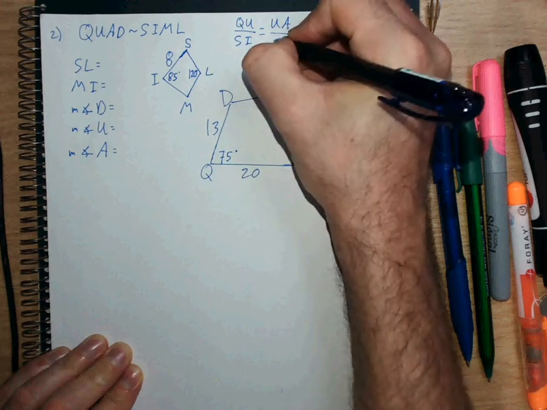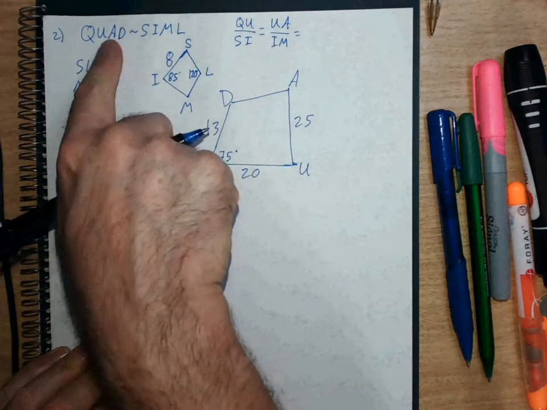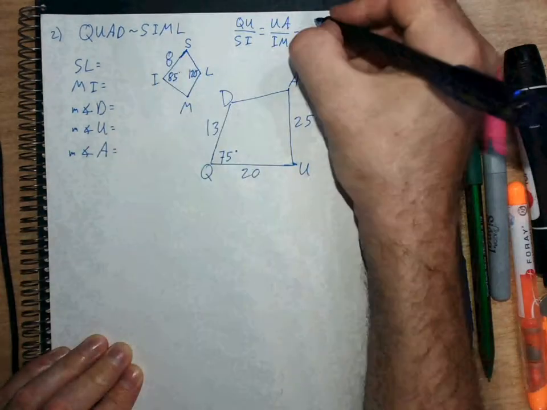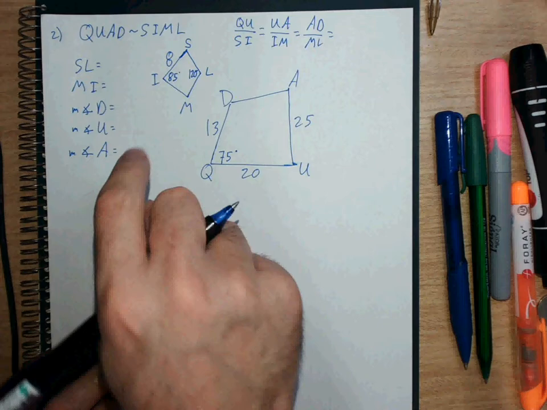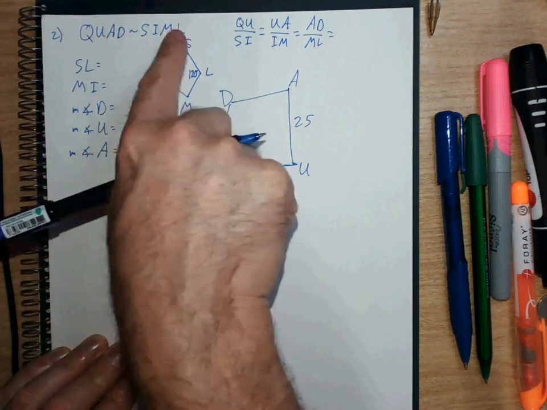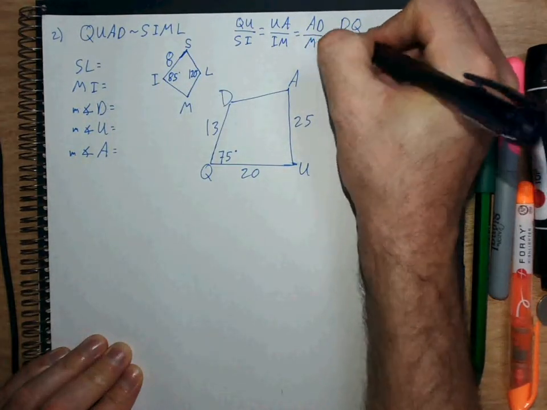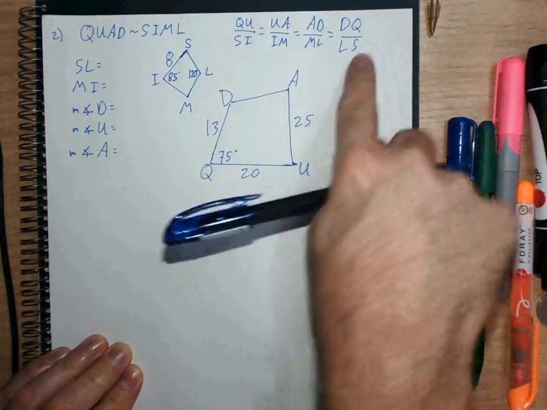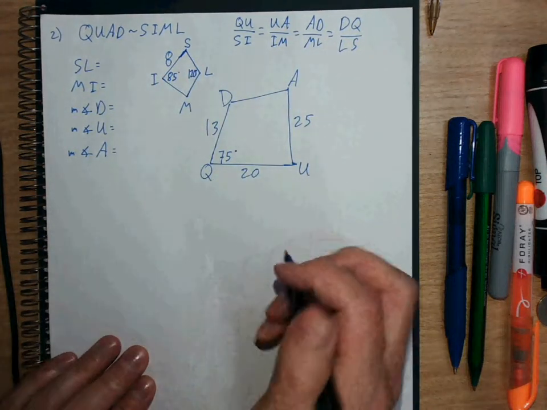And that ratio is going to equal AD over ML. And finally, the last ratio is DQ over LS. All of those ratios are going to remain true since these two quadrilaterals are similar.